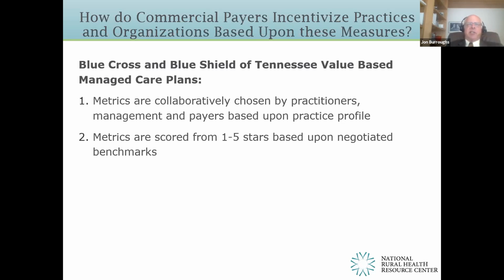Then each star is valued at $2 per member per month capitated payment. So in other words, a clinician and an organization can get paid between $2 per member per month and $10 per member per month based upon the quality ranking. If you get 5 stars, you get $10 per member per month. If you get 1 star, you get $2 per member per month, okay?